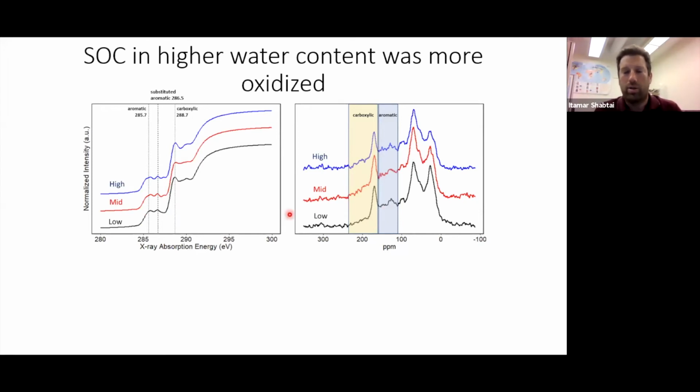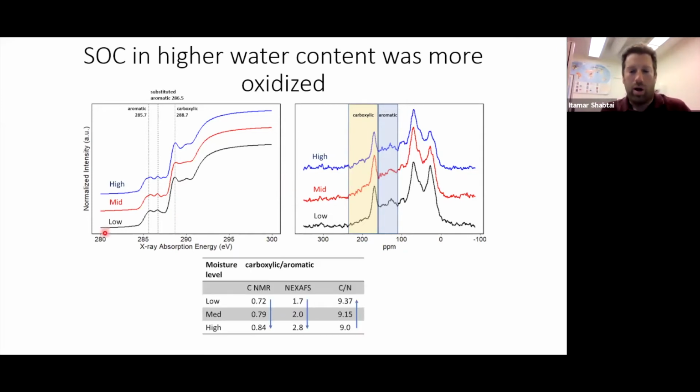And we looked at the ratio of carboxylic carbon to aromatic carbon in the MAOM fraction, the silt and clay fraction of soils from low, mid, and high moisture levels. And so this ratio, again, reflects the extent of usually the decomposition of plant matter into microbial carbon.